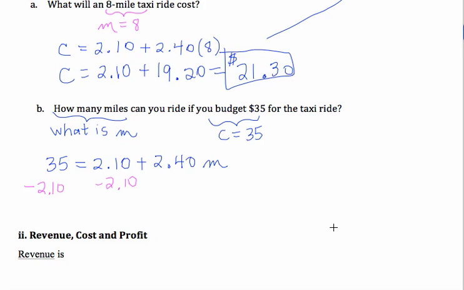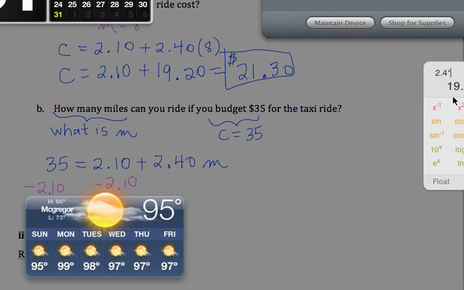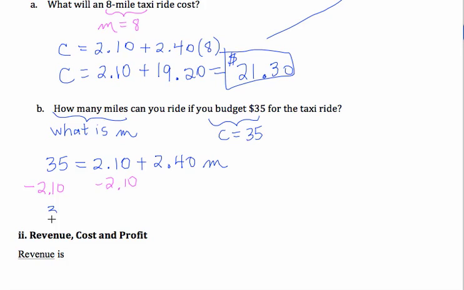Okay, 35 minus 2.10. You know, if you can do that without a calculator, good. If you need it, use it. It's 32.9. So we have 32.9 on the left. Those cancel. Equals 2.40 M. Okay.